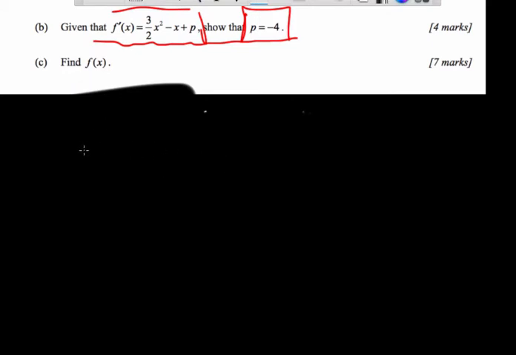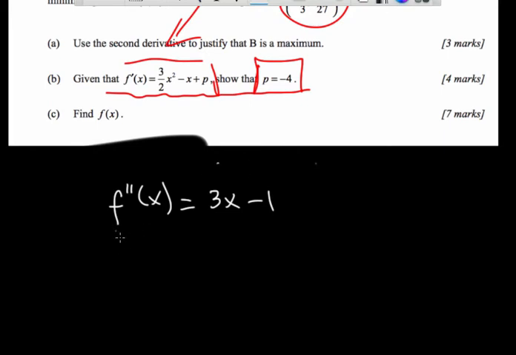Okay, let's see. So the second derivative, I don't need red anymore. I'm going to go back to white. They gave us that the second derivative is equal to 3x minus 1, right?